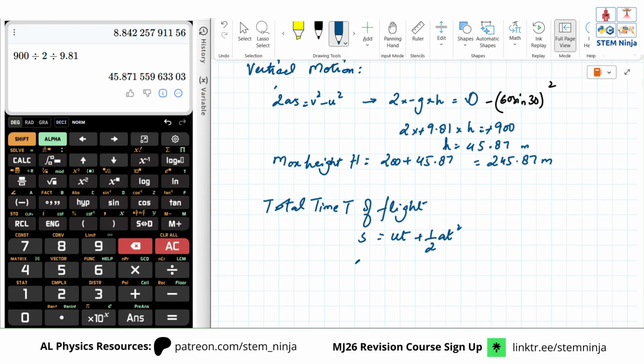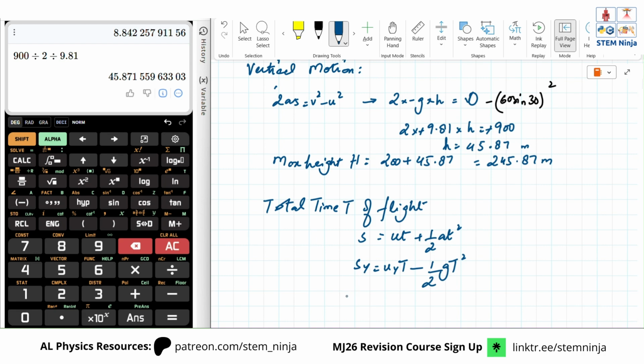Transform it into vertical motion: uy t minus half g t squared.